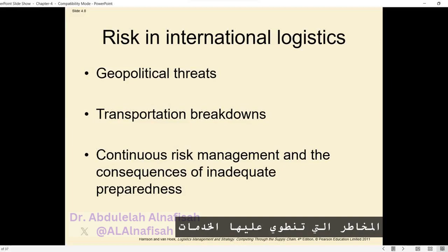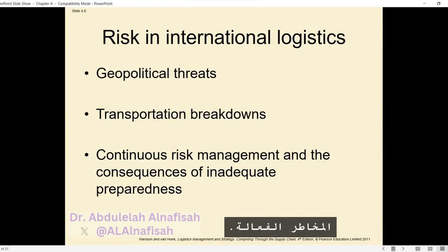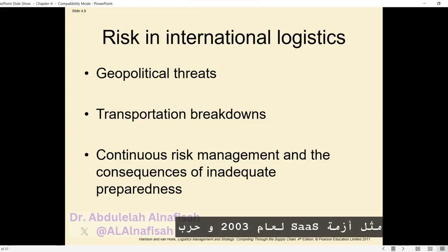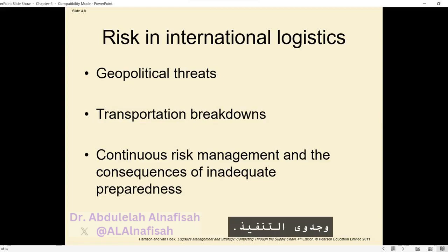The risks involved in international logistics, emphasizing the need for companies to adapt to the new supply chain reality and develop effective risk management approaches. Geopolitical threats. Recent events, such as the 2003 SARS crisis and the Second Gulf War, have highlighted the impact of geopolitical risks on supply chain continuity and execution feasibility.